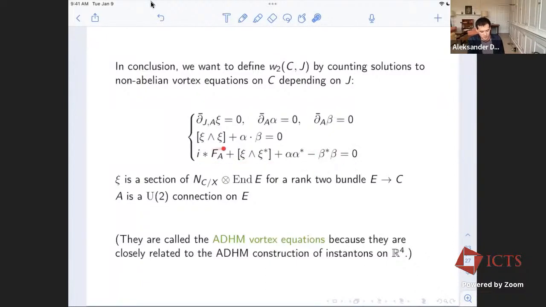And this curvature equation is like a mixture of the Hitchin equation. So it has this commutator part and the usual vortex equations, which is where this part is coming from. So it's the curvature plus some Hitchin term plus some classical vortex equation term.